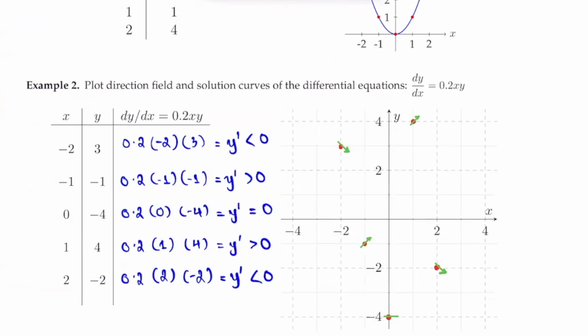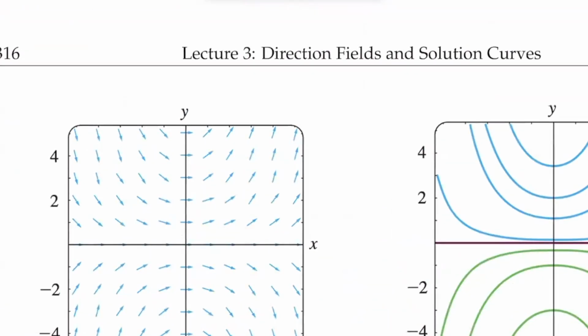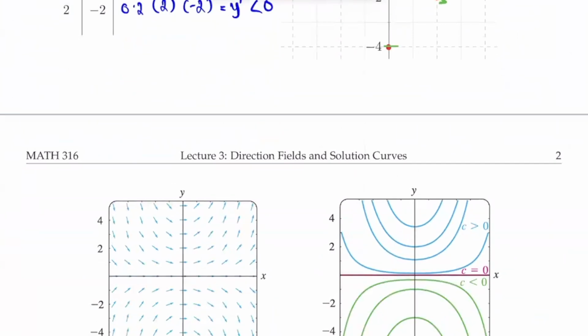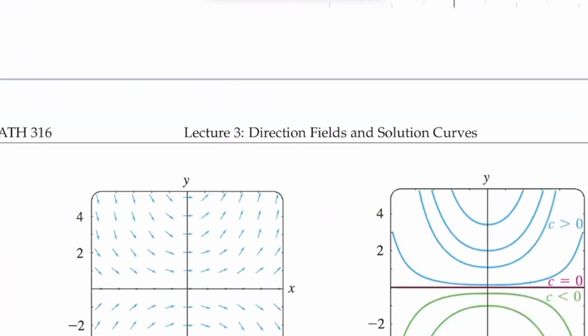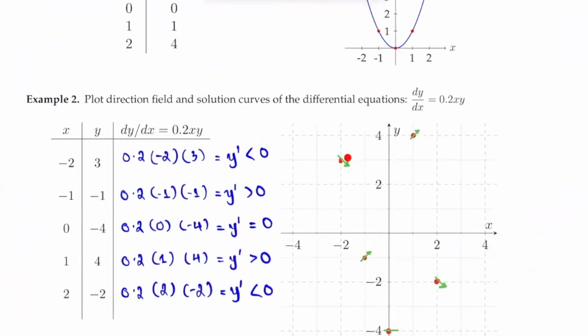solution curves. But if you move to the next page, you will see we plot a bunch of points and also the corresponding directions. Let's consider the case of (-2, 3), right around here. You have an arrow pointing down, which is consistent with what we just calculated.